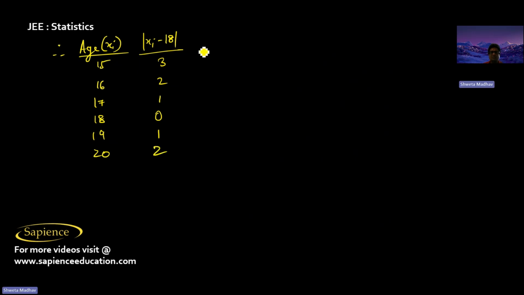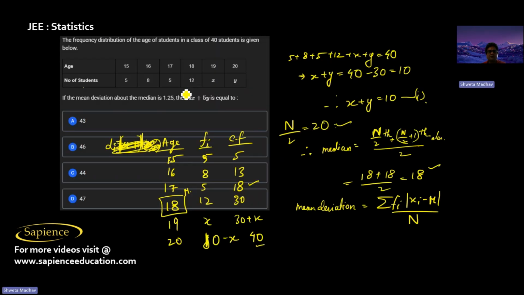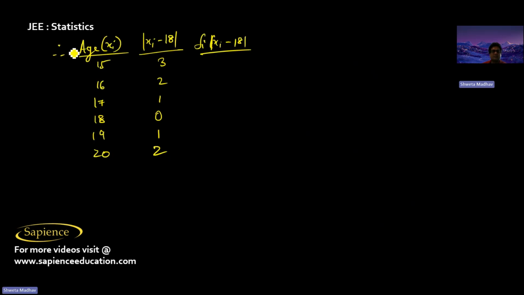And the frequencies fi are 5, 8, 5, 12, x and 10 minus x. So fi into mod of xi minus 18 is 15, 16, 5, 0, 0, then x into 1, which is x, then 20 minus 2x.